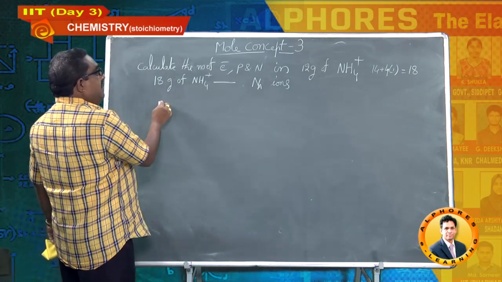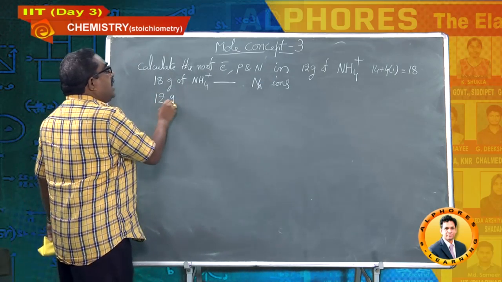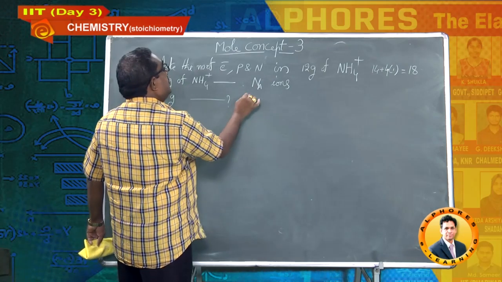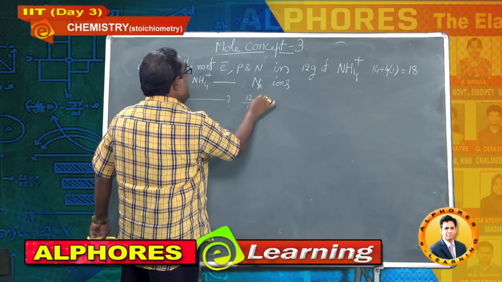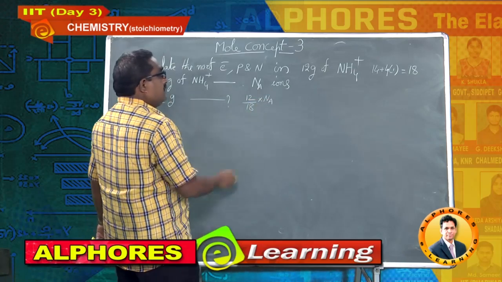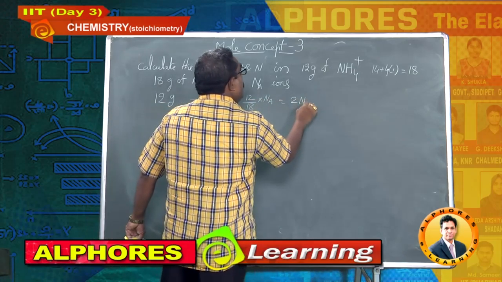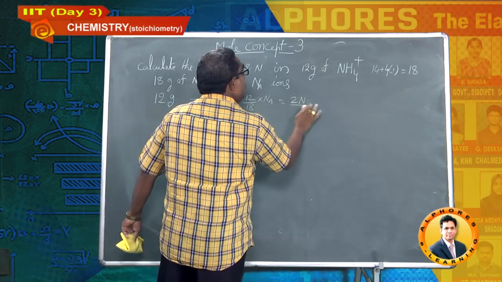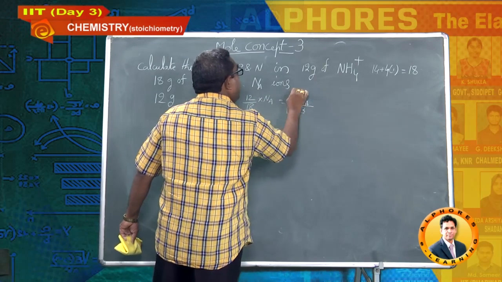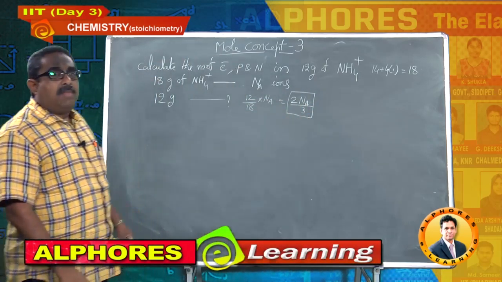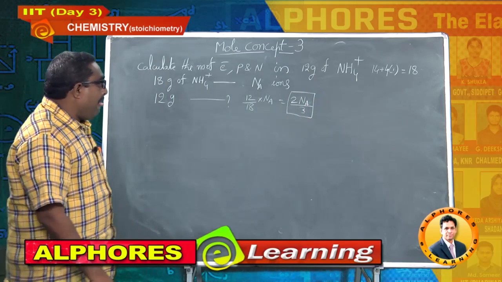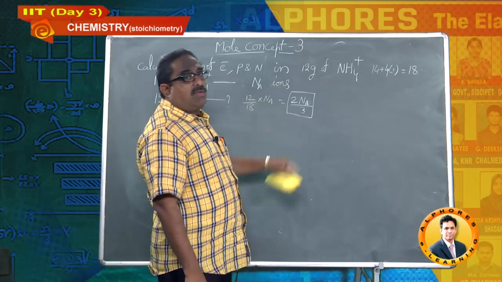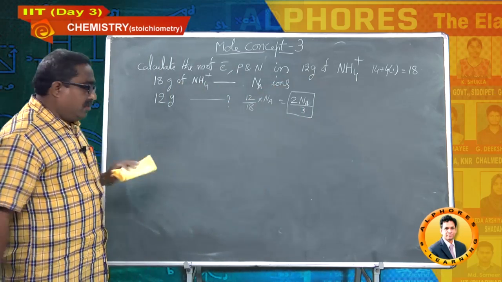But this time I have given only 12 grams. So how much? 12 by 18 into Na, that is 2 Na by 3 is the total number of ammonium species present in 12 grams of ammonium given to us.